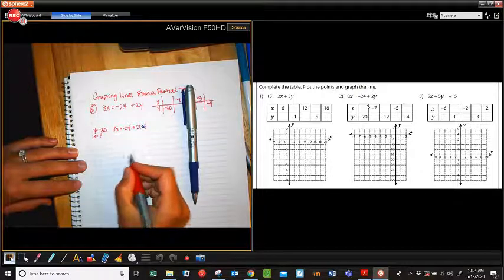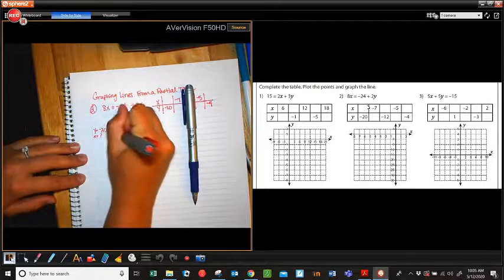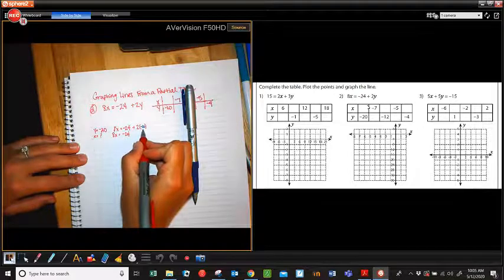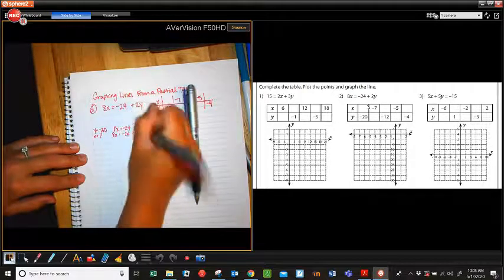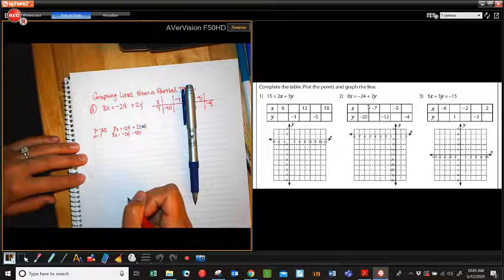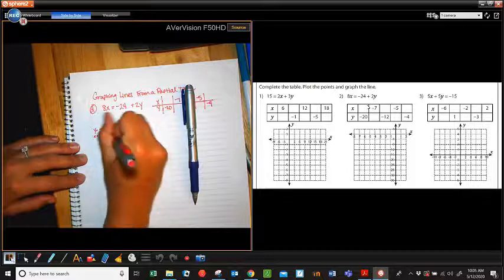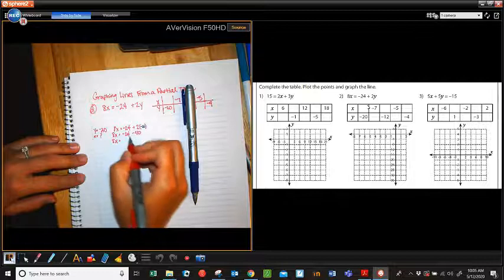Now our steps are going to be to simplify and solve. So to simplify first, 8x stays put, negative 24 stays put, but we multiply this out, and 2 times negative 20 is negative 40. Combine like terms, 8x equals, they're both negative, so we add them and keep the negative sign.